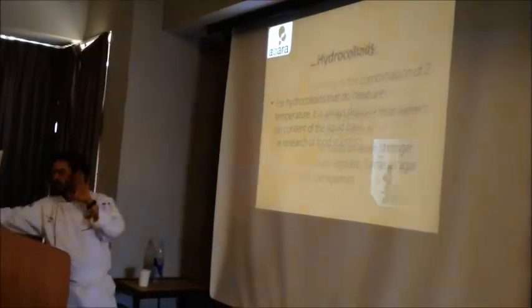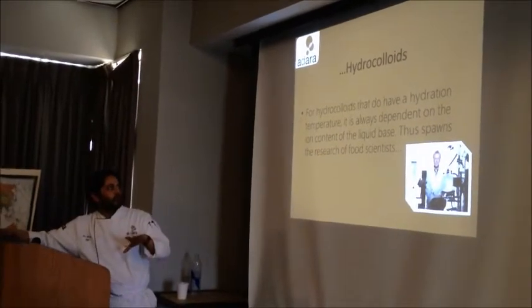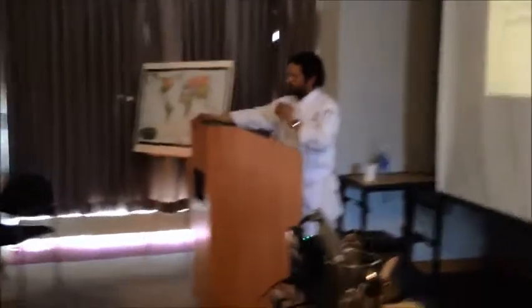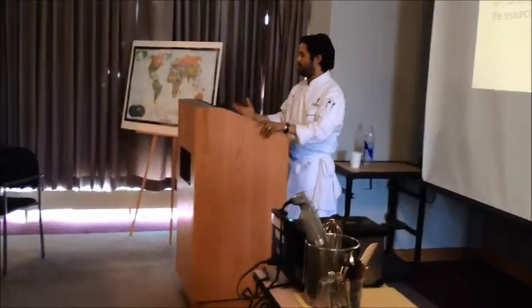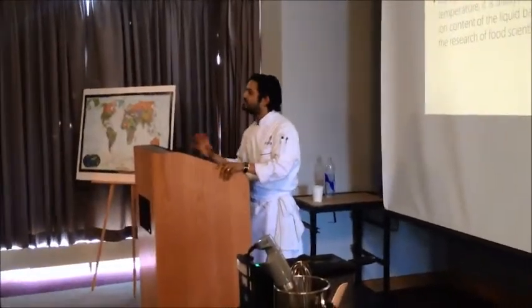For the hydrocolloids that have a hydration temperature, like the ones I talked about, Gelan and methylcellulose, the amount that you put into your liquid base creates the gel. So let's say we want to make a smoked Gouda cheese gel.